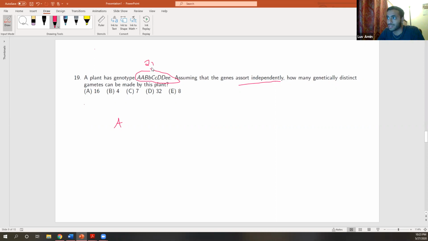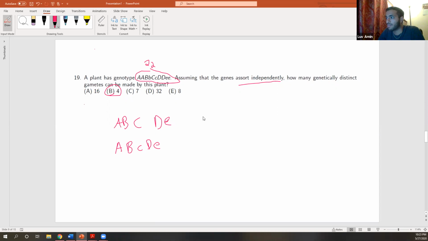So that's another 2 possibilities, right? And then DD, you have no choice. You're stuck with a big D over here, and little e, you're stuck with a little e as well. All right. So the only things that can fluctuate are the B's and C's. So you have 2 times 2 combinations, 4, right? And I'll show you which ones. You can have a big B and a big C. You can have a big B and a little c.